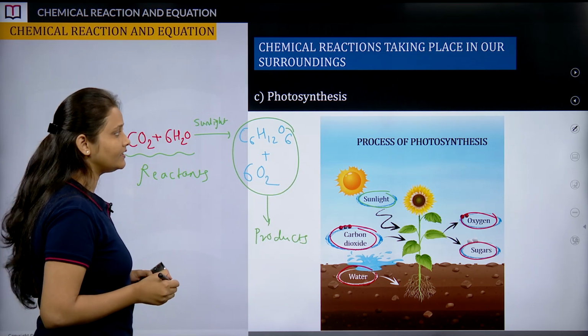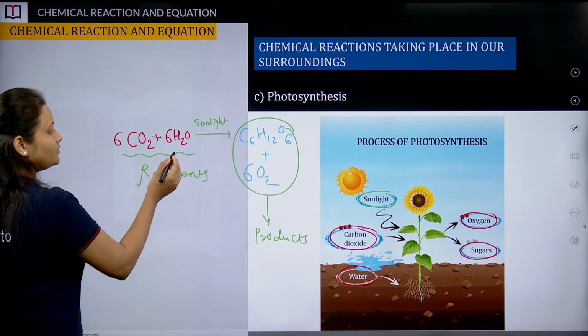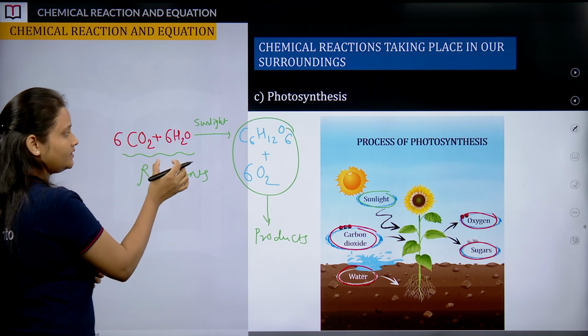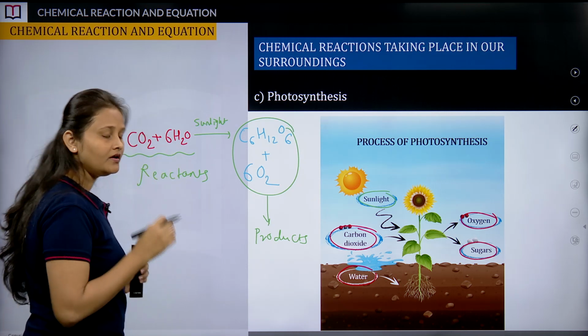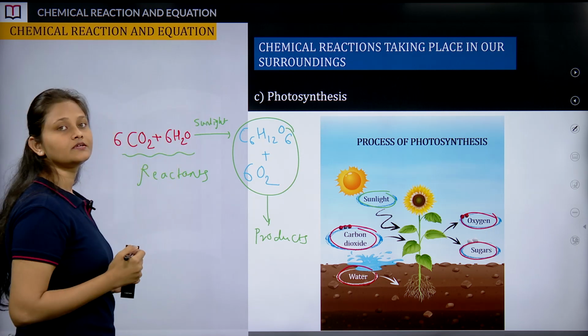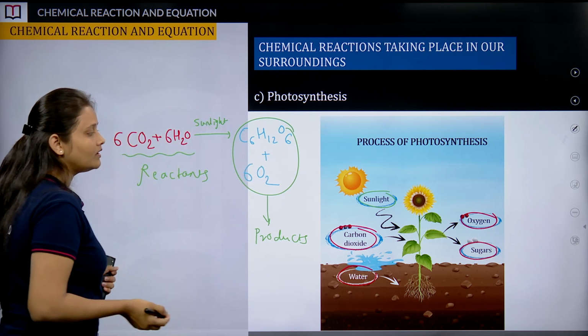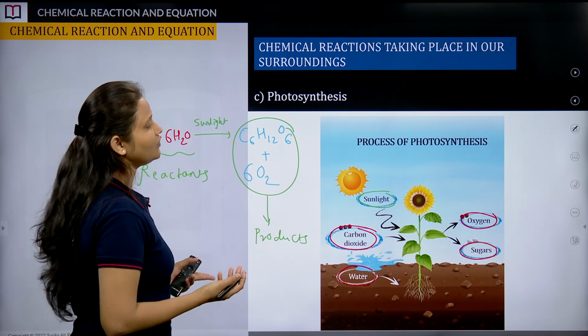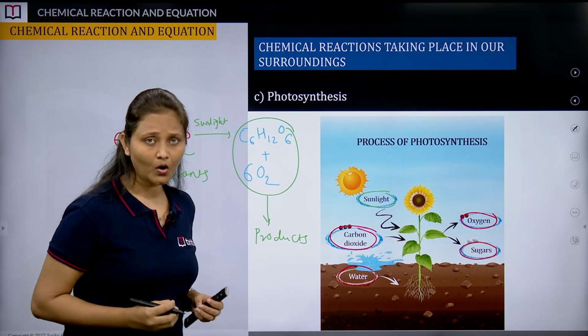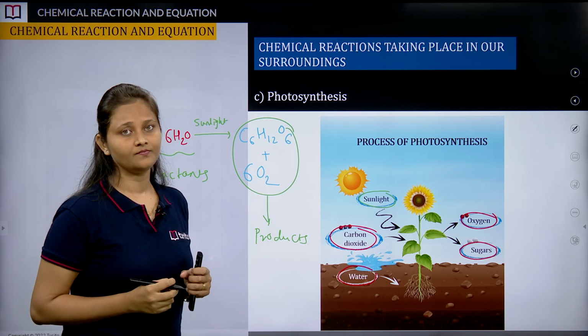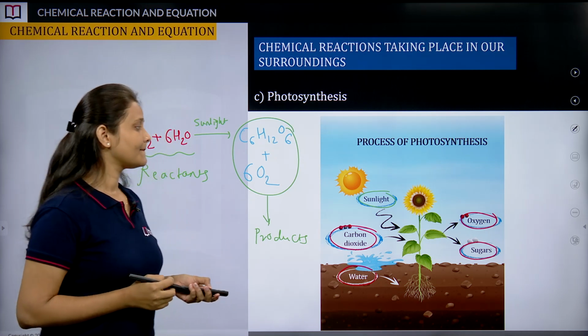Follow till here. So these are two different reactants, carbon dioxide and water, combining together in the presence of sunlight. They are giving glucose and oxygen. So this is also a very, very fundamental and important chemical reaction. Got it? Let's move ahead.